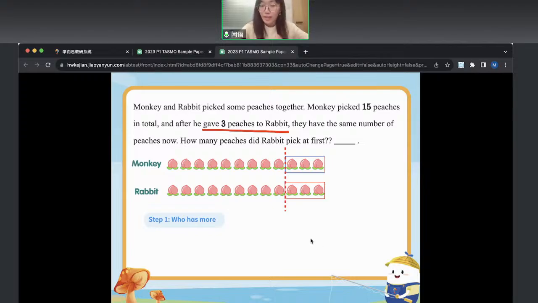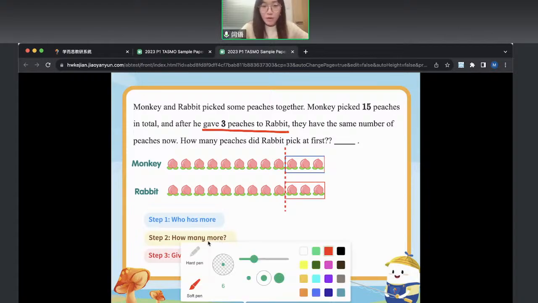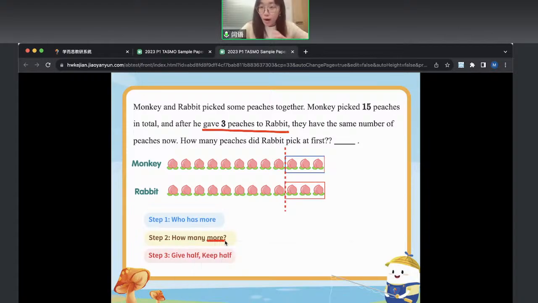Okay, this is the first step. And then the second one is about how many more. How can we figure out how many more? For the extra part, the more part, usually we divide that into 2 sections. The first one is about the give. The second one is about the keep. Do remember that usually we give half and also we need to keep half.